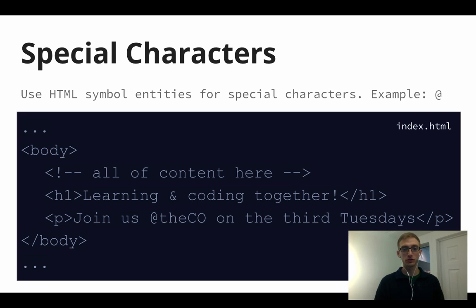Because if we wanted to do a less than sign maybe right after this G, the HTML is going to get confused. Are we closing this H1 tag, or are we trying to say that this less than sign is a character that we want to display inside of this content here?